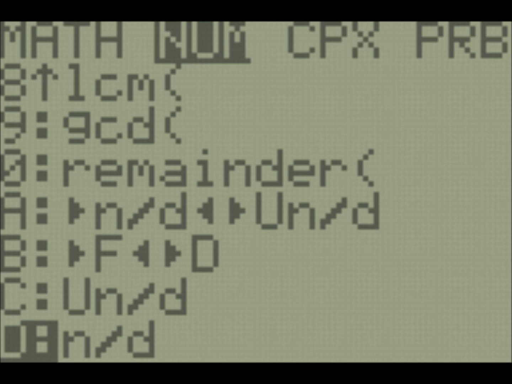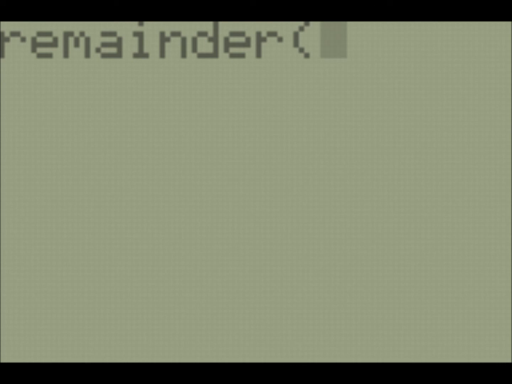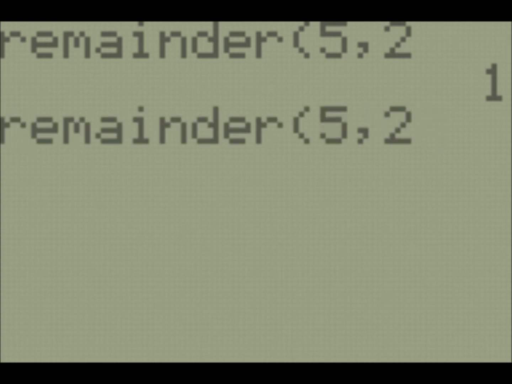But don't worry, we'll show you how to simulate remainder using other commands we've learned already. So remainder just tells you, if you give it 2 integer arguments, it will divide them and tell you what the remainder is. So 5 divided by 2 has a remainder of 1. So 2 goes into 5 2 times with 1 left over. And this can be quite useful.